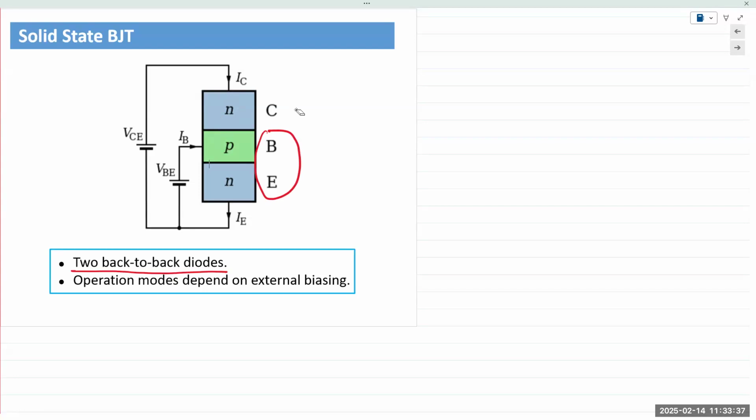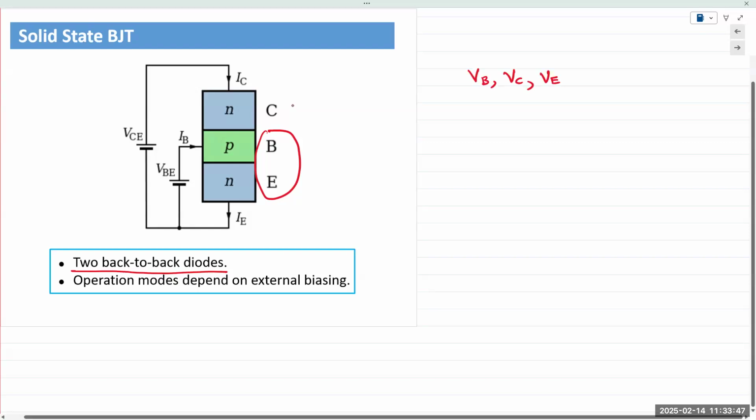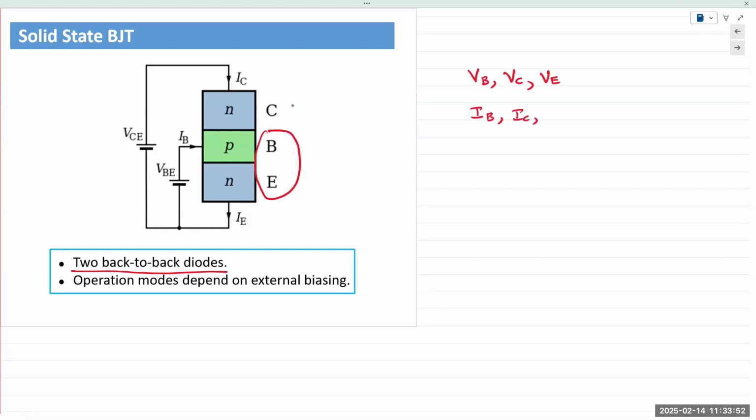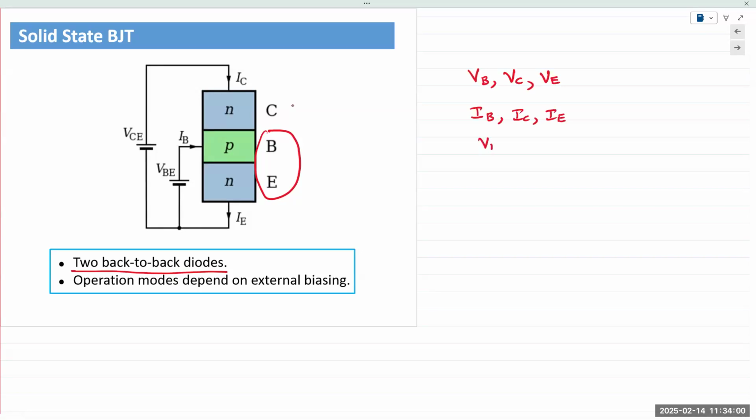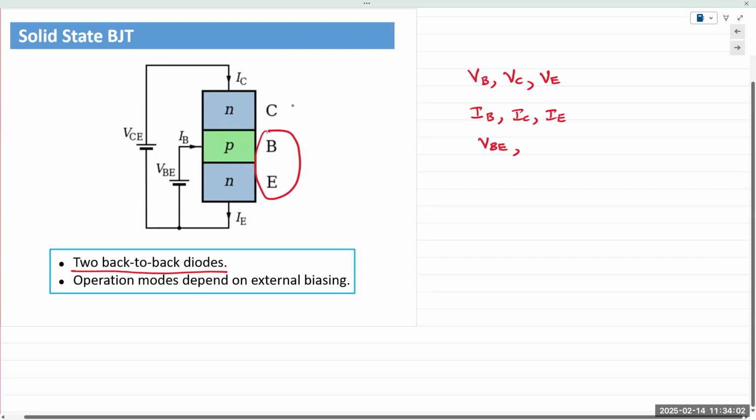The terminal characteristics would be defined with the terminal voltages, VB, VC, and VE, and then the currents would be IB, IC, and IE. Two of the most important voltages would be VBE and VCE.